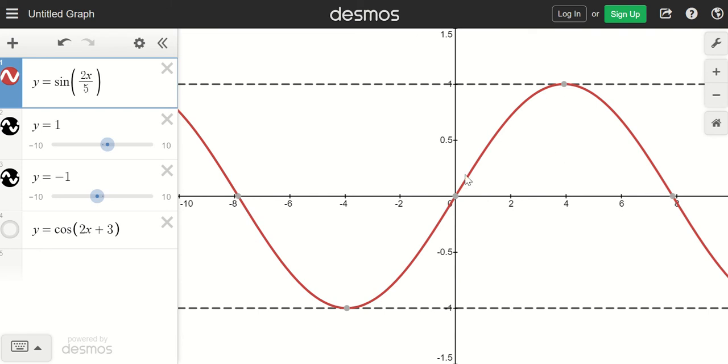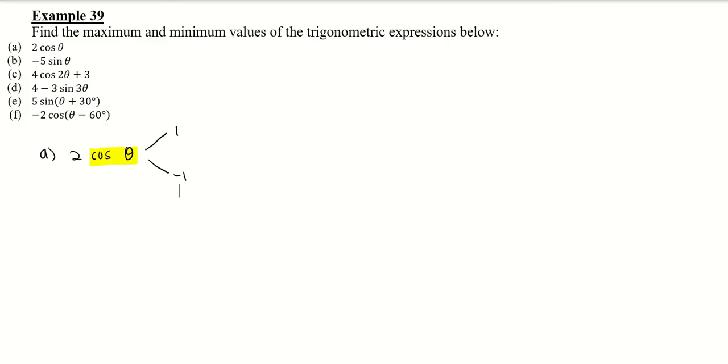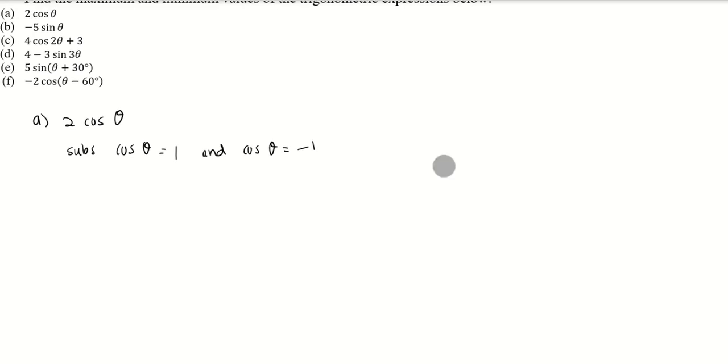Okay, so from this information, what we're going to do is we just substitute cos of any angle with 1 and -1. Alright, so we're going to substitute cos theta by 1 and cos theta equals to -1.